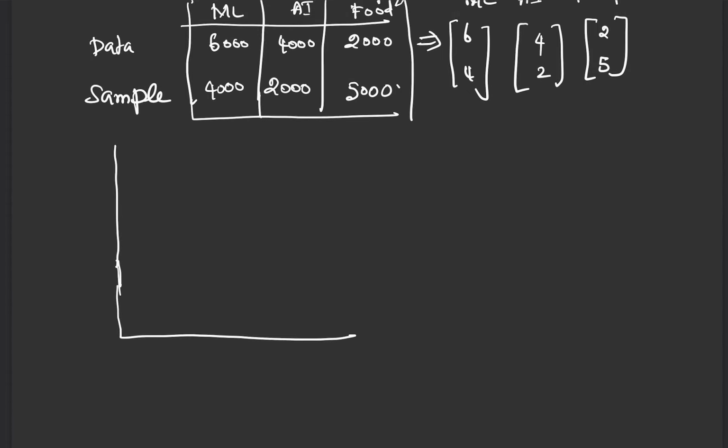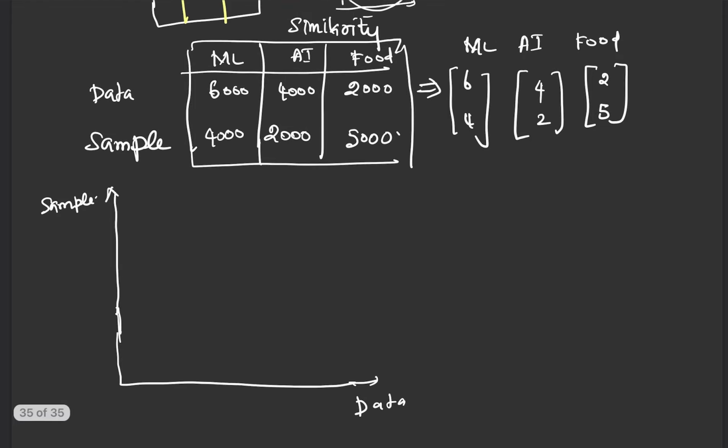This is data and this is sample. And how do we plot these vectors on this space? Just try to plot this word ML.